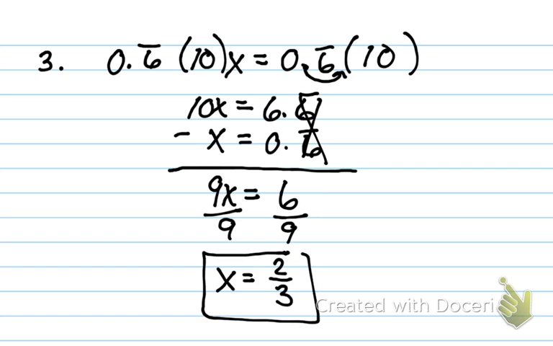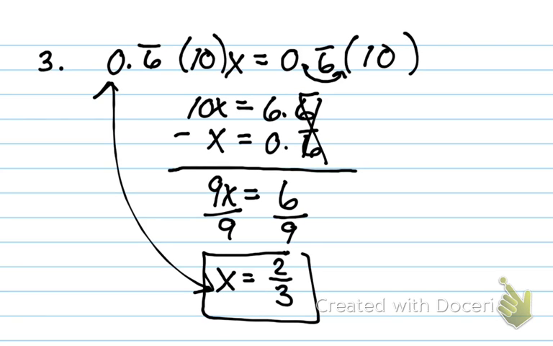Okay? Now, 2/3, if you were to put it in your calculator, guess what it's going to be when you change it to a decimal? 0.6 repeating. Okay? Now, here's the bummer. You might be able to memorize 0.6 repeating always converts to 2/3. Always.